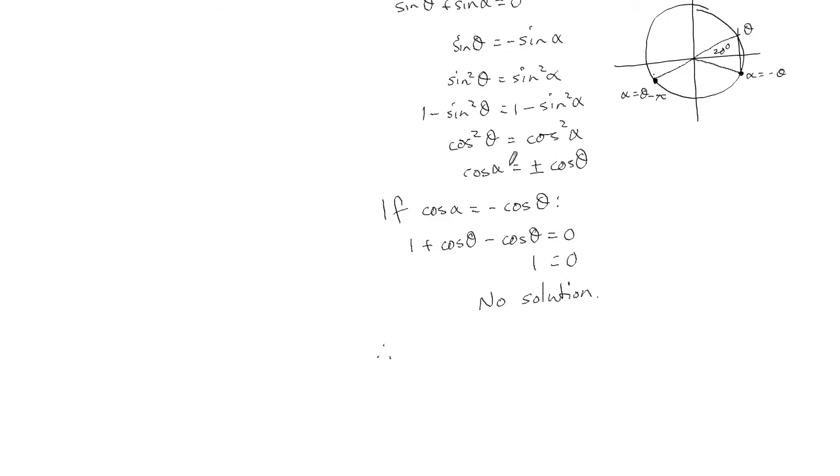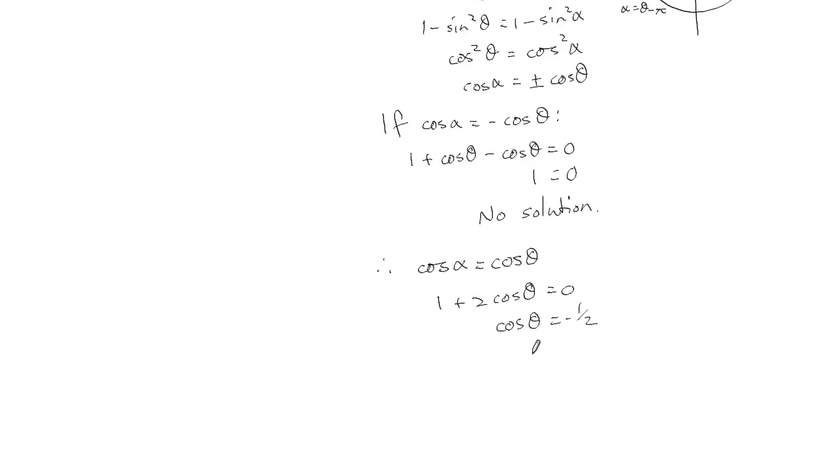And therefore it has to be the other possibility, that cos alpha equals cos theta. And then you would get 1 plus 2 cos theta equals 0, so cos theta equals negative a half. And that tells you theta equals 2 pi on 3, or it could be negative 2 pi on 3. So we'll put a plus or minus.